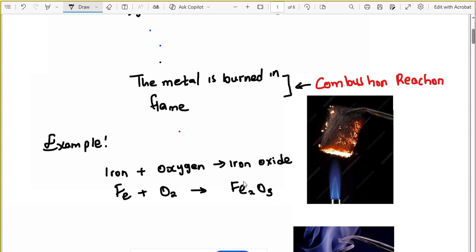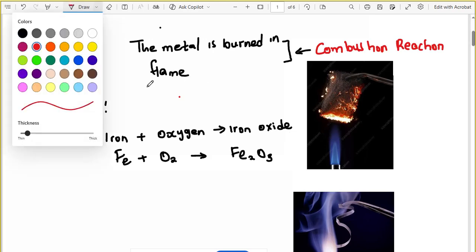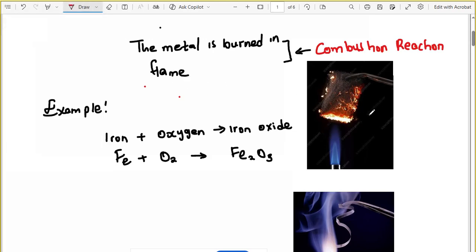Okay. Now, if you look at this first picture, can you note that the iron, which is the steel wool, glows red in flame?